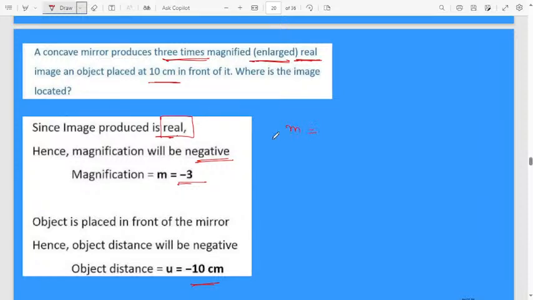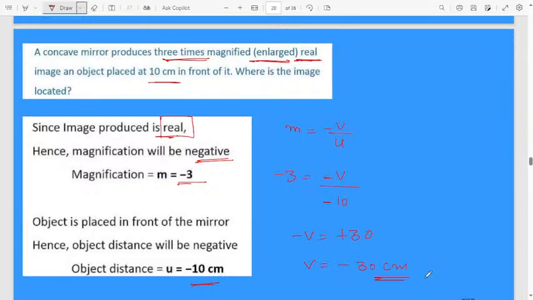Magnification formula, m is equal to minus v by u. Then magnification is -3, minus v, on this image distance only we have to calculate. Then u is -10. Then minus v will be minus into minus, plus 30. Then v is -30.